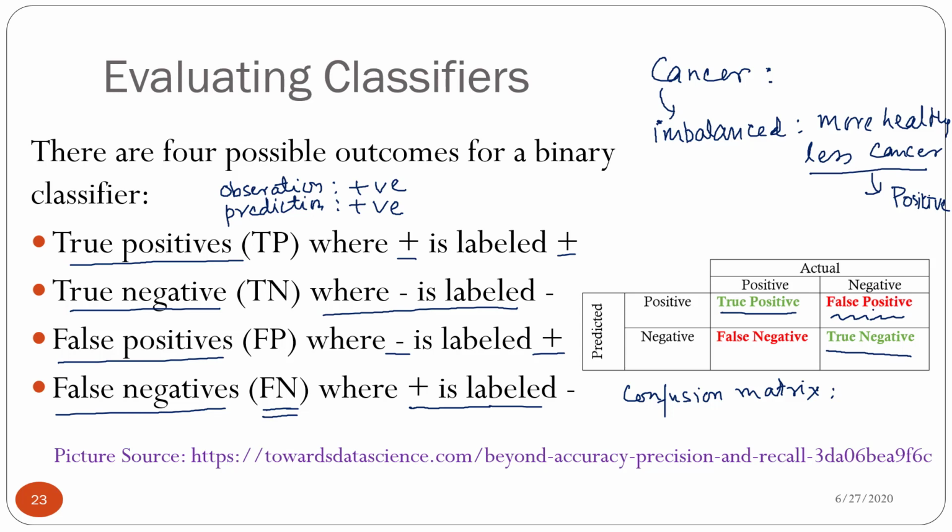So this is false positive. And we can have the same reasoning for false negative. Look at this column, which corresponds to the actual case, and this cell is actually positive, but because of some issues with our classifier, it is marking those as negative. So this is false negative.